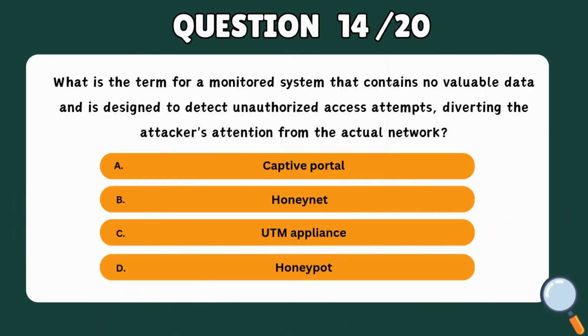Question 14. What is the term for a monitored system that contains no valuable data and is designed to detect unauthorized access attempts, diverting the attacker's attention from the actual network? A. Captive portal. B. HoneyNet. C. UTM appliance. D. Honeypot.